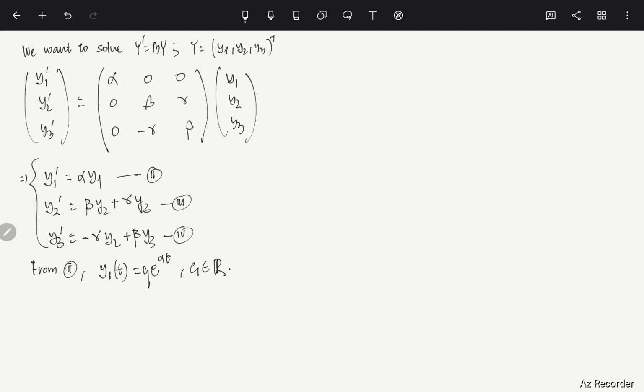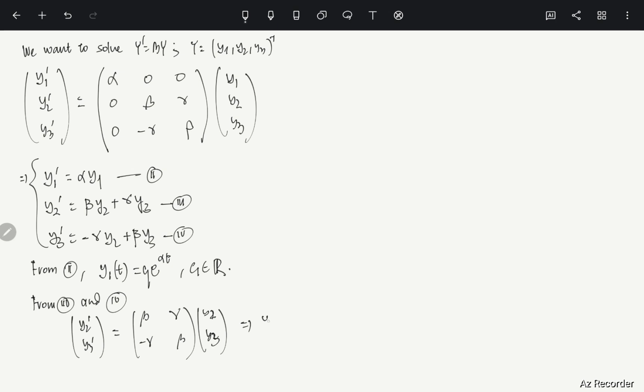And from 3 and 4, if you just think about it this way, this is a system of 2 cross 2 equations. There is no y1 involved here. So you have this system: y2 prime, y3 prime equals the matrix beta gamma minus gamma beta times y2, y3.